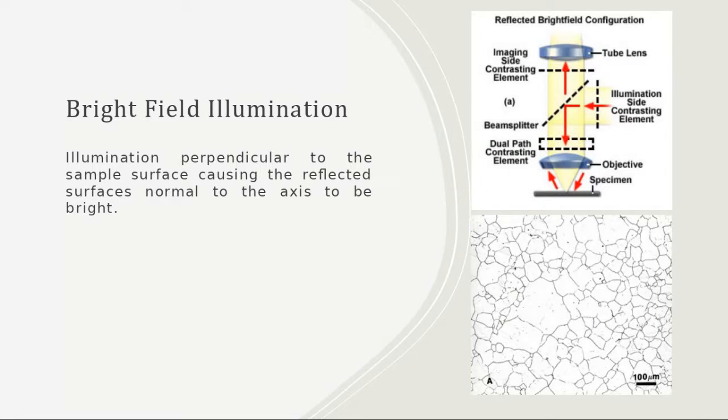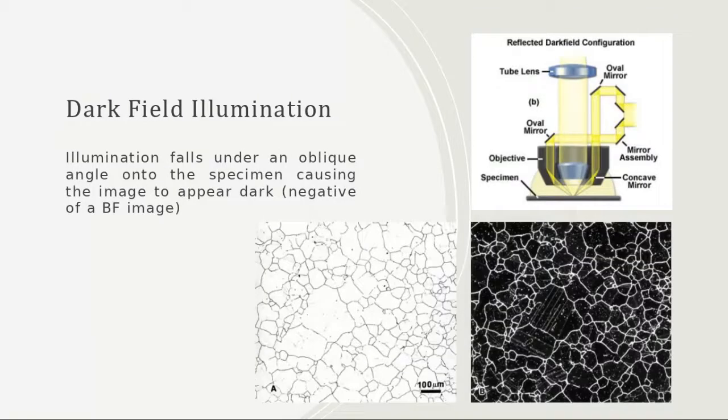This happens to be a waspaloy, which is a nickel-based superalloy. And looking at this image, you see the grain boundaries, which are the dark lines, and which delineate one grain from another. A lot of microscopy really is done in this fashion using bright field.